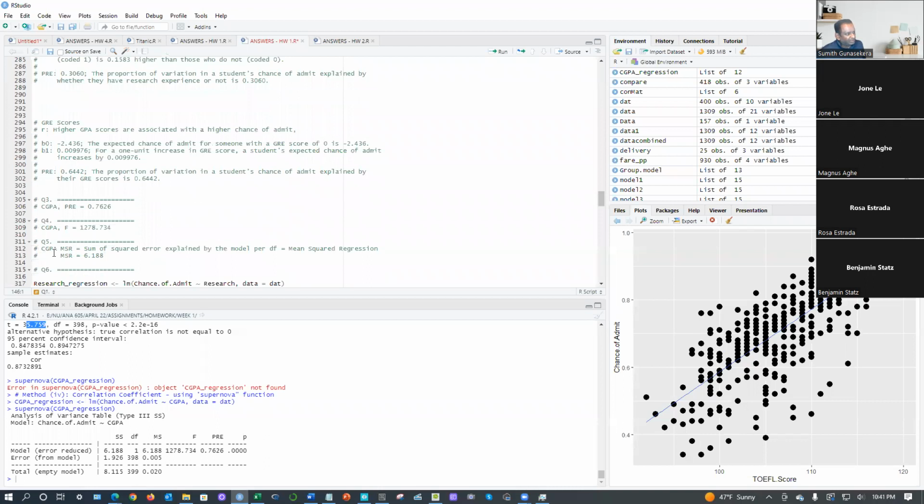The sum of squares explained by the model per degrees of freedom, if you take that into account, is called the mean square regression. That one you can easily find.